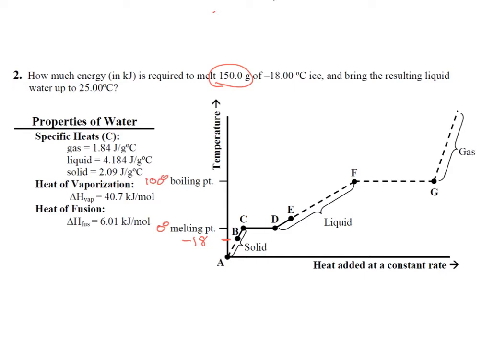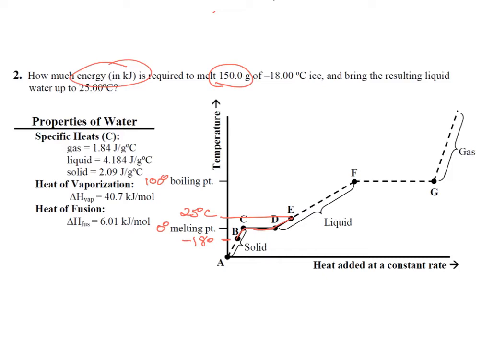So we're starting at negative 18 degrees and raising the temperature, letting it completely melt, and then raising the temperature again up to 25 degrees. And it wants to know how much energy is required to do this whole thing.